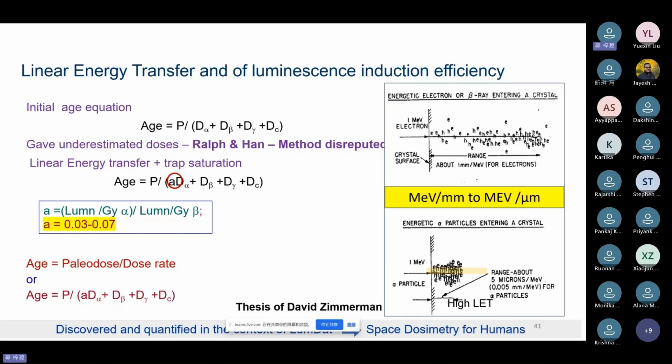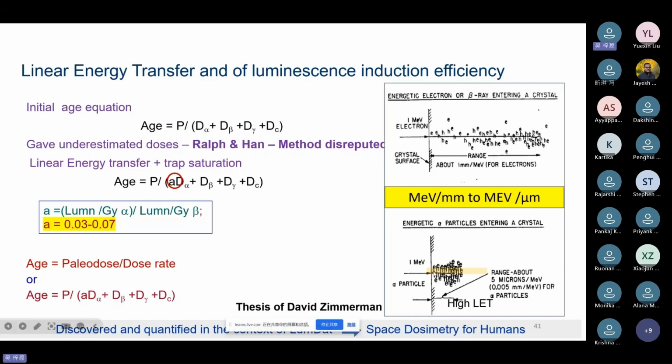Until Zimmerman found that alpha particle efficiency in TL production is much lower than that of beta and gamma rays. The argument was simple: an electron in a matrix is weakly ionizing, so it keeps producing electron-hole pairs continuously along the track. Therefore, at any point in time, there are sufficient traps available per volume to absorb this, so the efficiency is higher.